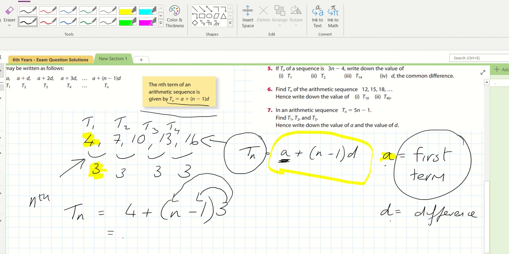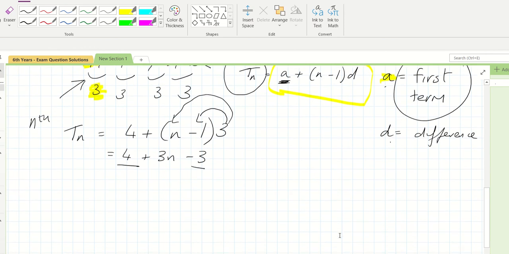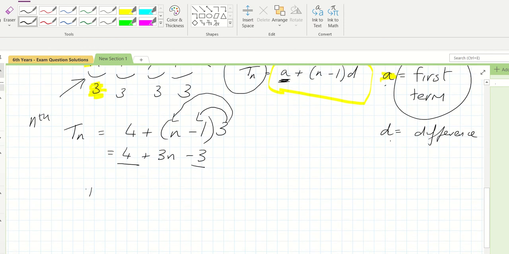So that's going to give you T of n is equal to 4 plus 3n minus 3. And then what you do is you group up your like terms. So here is your 4 and your minus 3. So that's going to give you on the next line T of n is equal to 3n minus 3 plus 4 is going to give you plus 1.